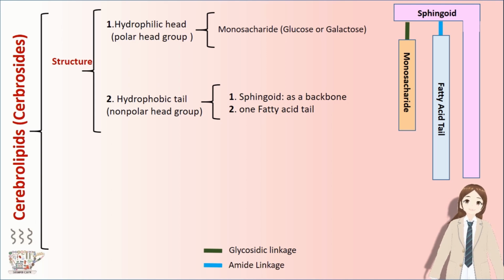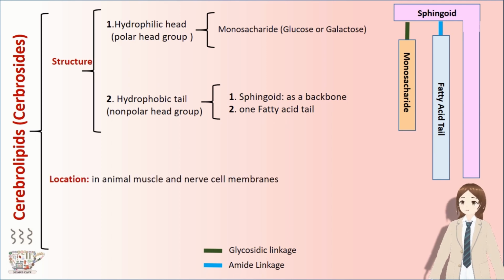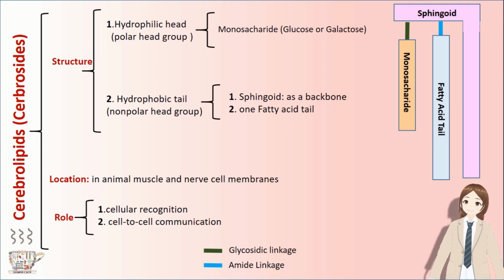Monosaccharide and fatty acid tail link to sphingolipid by glycosidic linkage and amide linkage. It's located in animal muscle and nerve cell membrane, and it plays a role in cellular recognition and cell-to-cell communication.